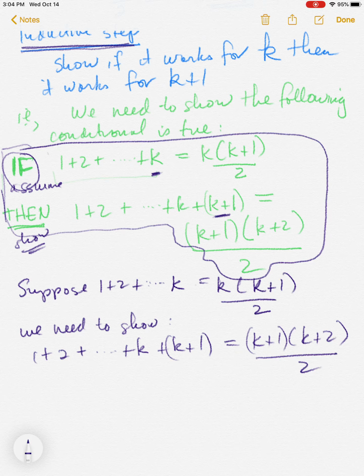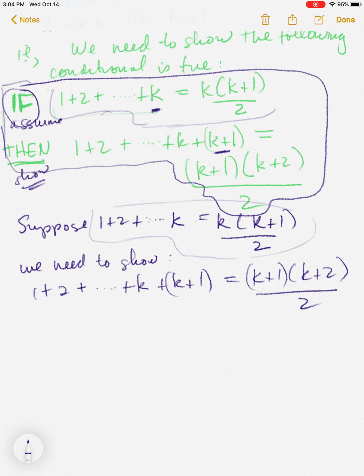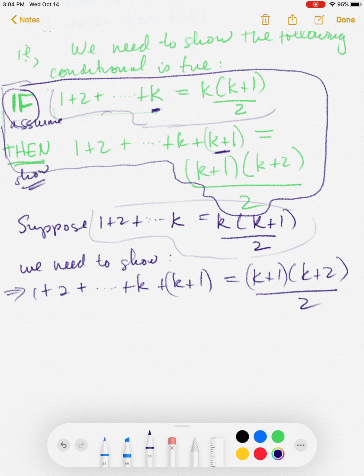Okay, so we're assuming the antecedent of this inductive step. Our inductive assumption says that we can substitute. This is what we're trying to show, right? But we can substitute for this, that. We're assuming that this equals that. That's our inductive assumption.